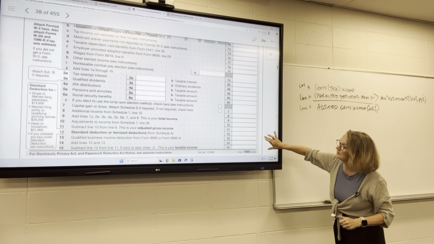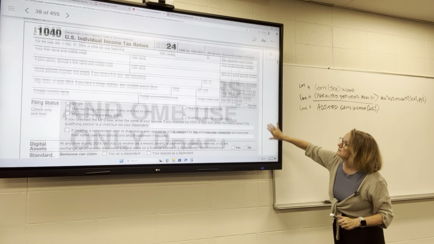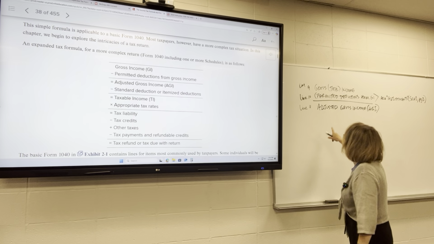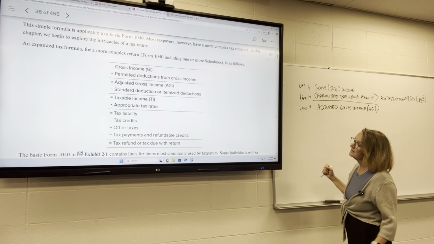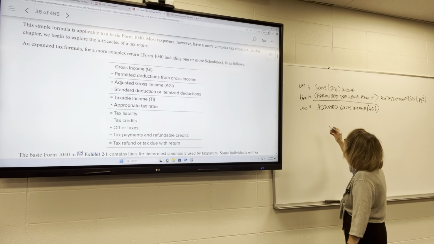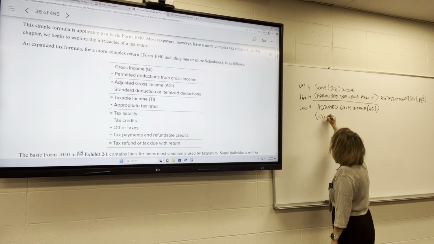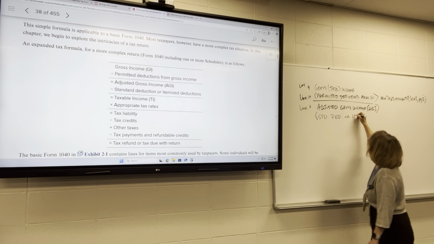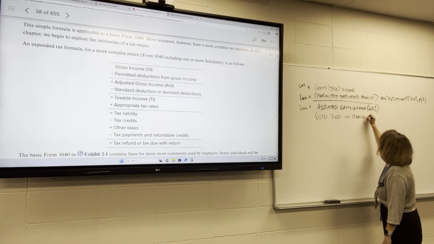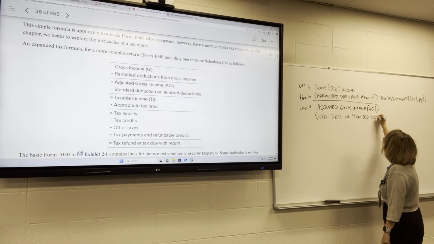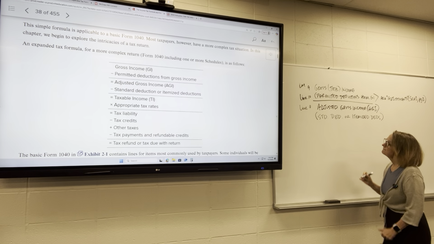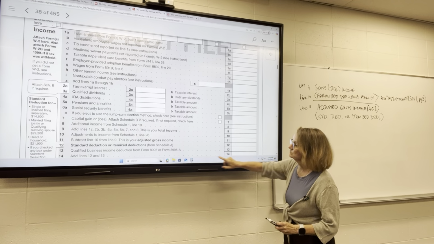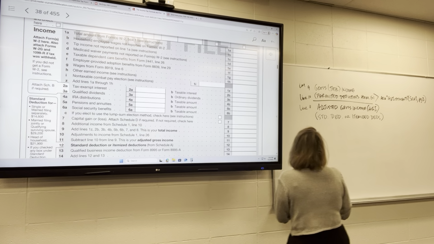I'm going to continue with the rest of this. So from AGI, we then subtract standard deduction or itemized deductions. That shows up on line 12.